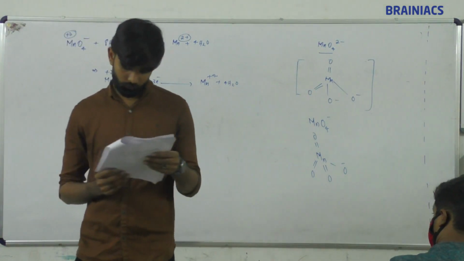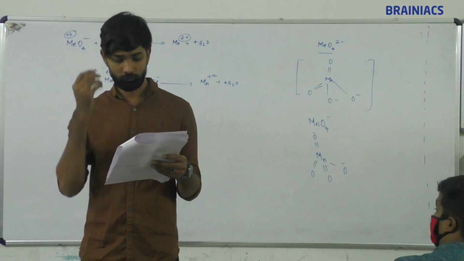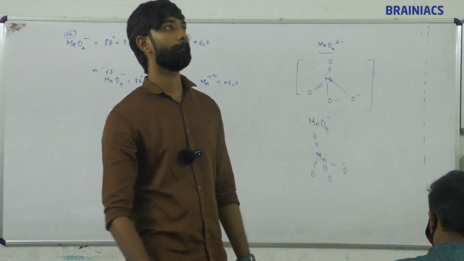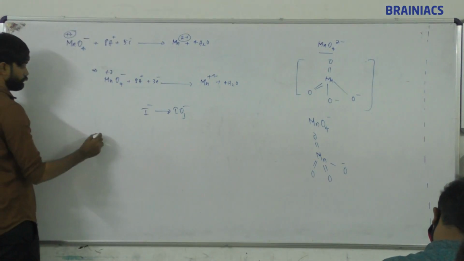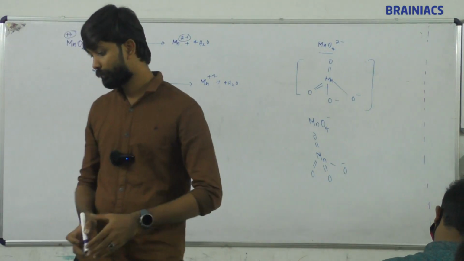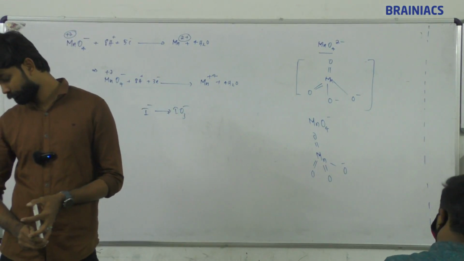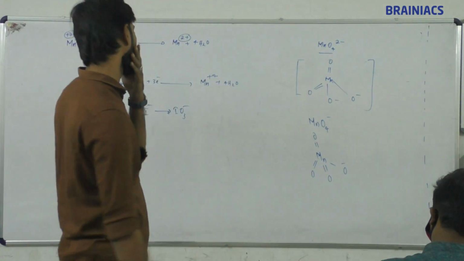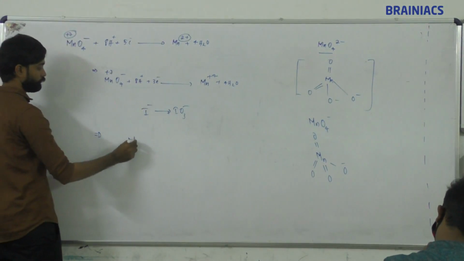Next, in your textbook, in strong alkaline medium, MnO4 minus turns to MnO4 2 minus, manganate.